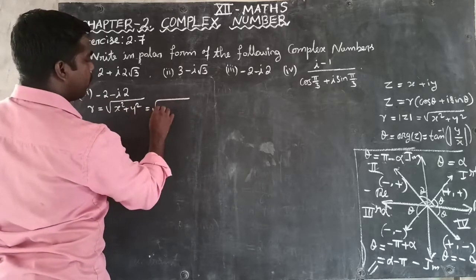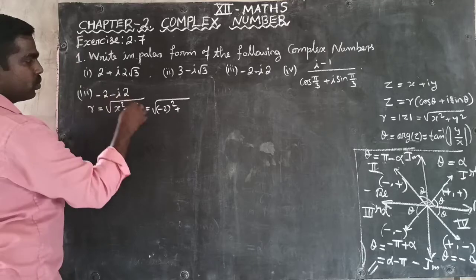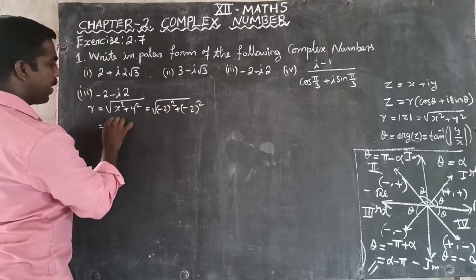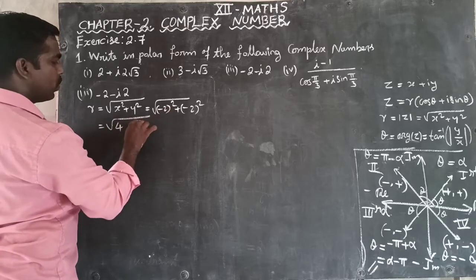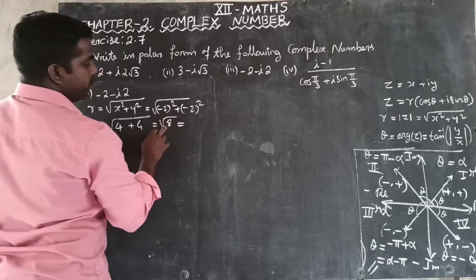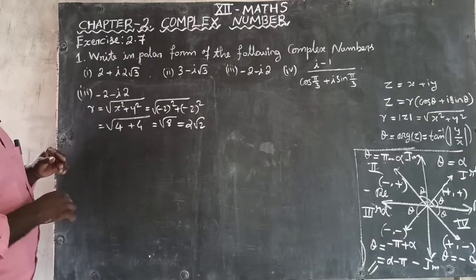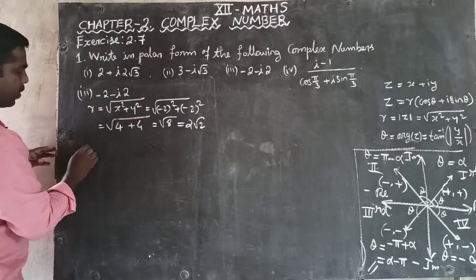So square root of minus 2 the whole square plus y is also minus 2. So minus 2 the whole square. So which is equal to square root of this becomes plus 4, 8. If we take a square root we can write 2 root 2. This is value of r. So next we have to find a theta. So that is argument of z.